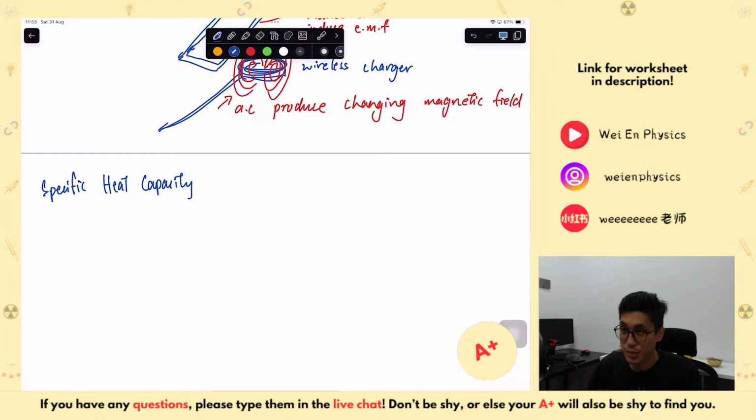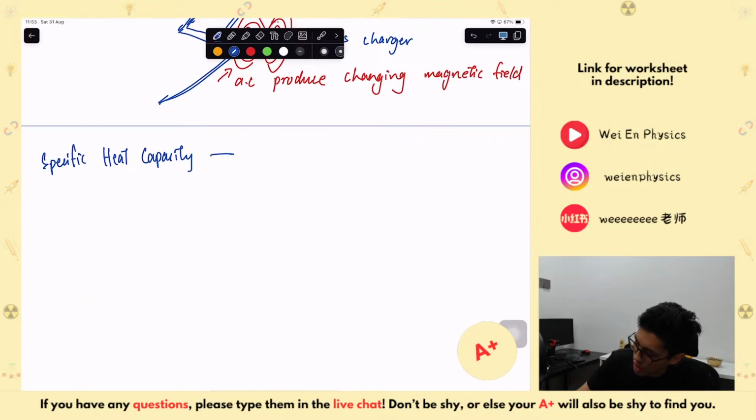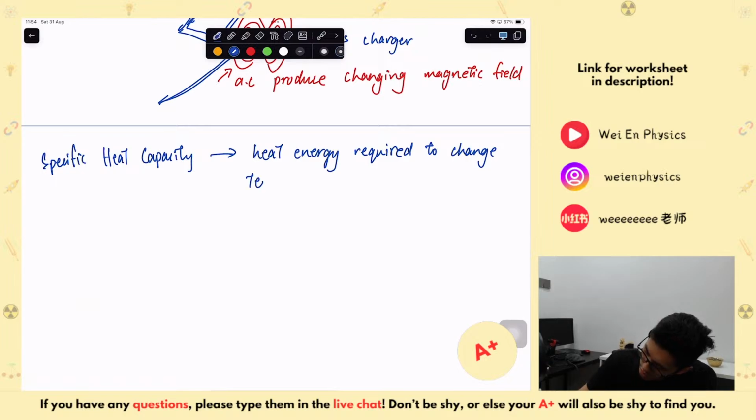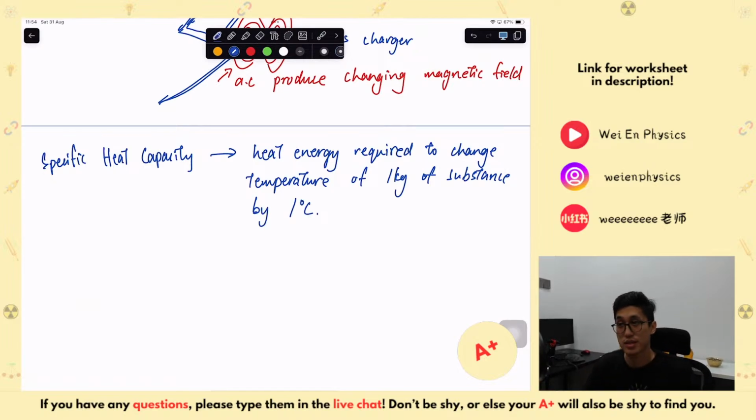The definition is the heat energy required to change the temperature of 1 kg of substance by 1 degree Celsius.